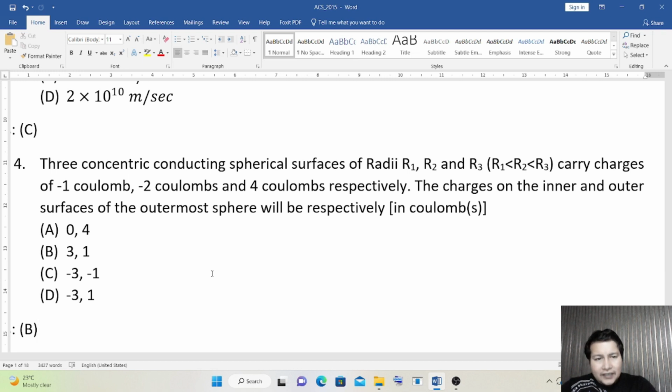The charges on the inner and outer surfaces of the outermost sphere will be respectively in coulombs 0, 4, 3, 1, -3, -1, -3, -1. This problem you have to solve. Correct answer will be option B.